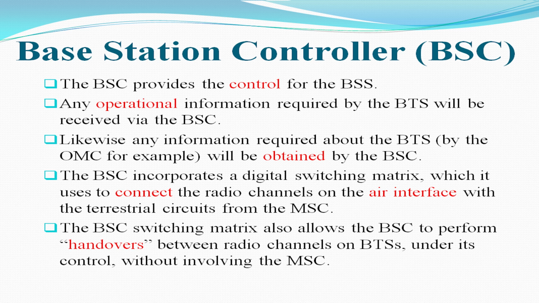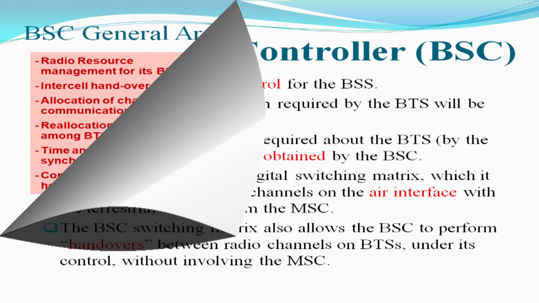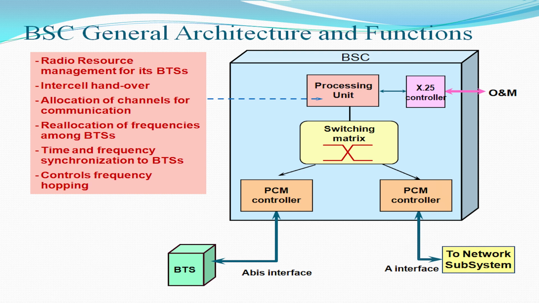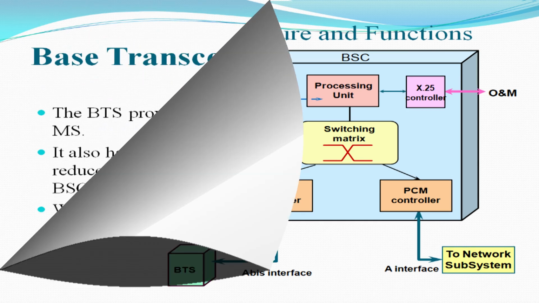The BSC incorporates a digital switching matrix which it uses to connect the radio channels on the air interface with the terrestrial circuit from the MSC. The BSC switching matrix also allows the BSC to perform handover between radio channels on the BTS under its control without involving the MSC. The BSC general architecture and its function are displayed here.